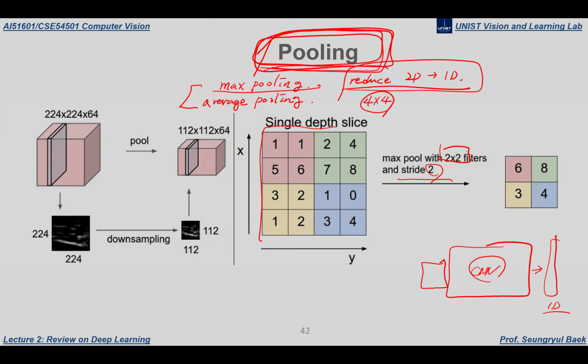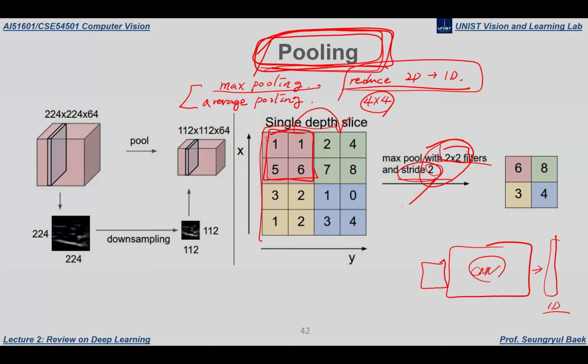For this setting, because the filter corner is 2x2, its width is 2 and height is 2, okay? There are 4 pixels inside this filter corner of the max pooling, and it moves by 2 pixels because the stride is 2, okay?